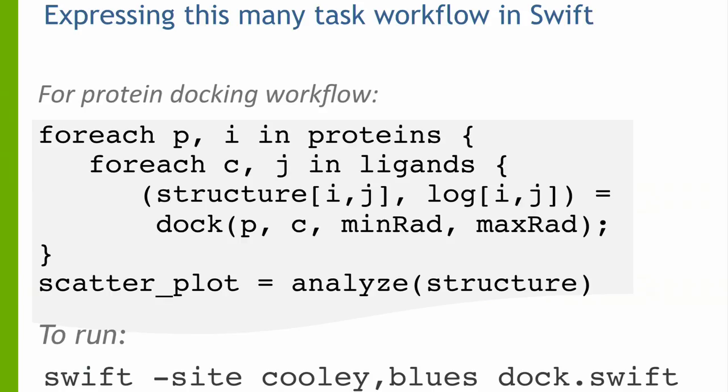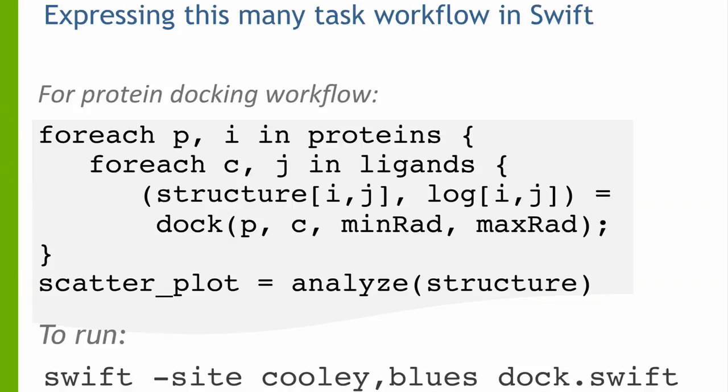The way that you would describe this in Swift is with this nested loop over proteins and ligands. The inner block of the loop is simple, but we have to disentangle it a little bit.